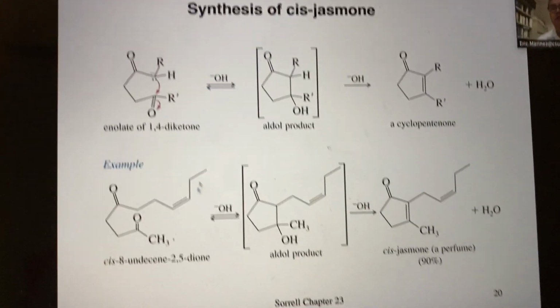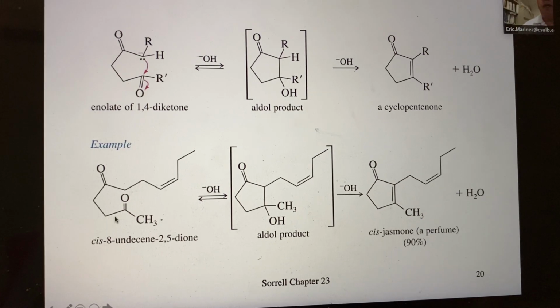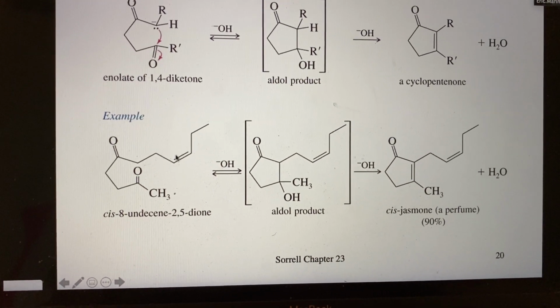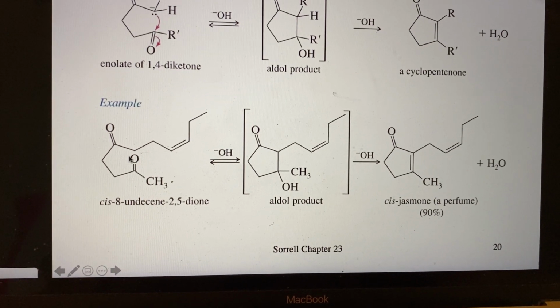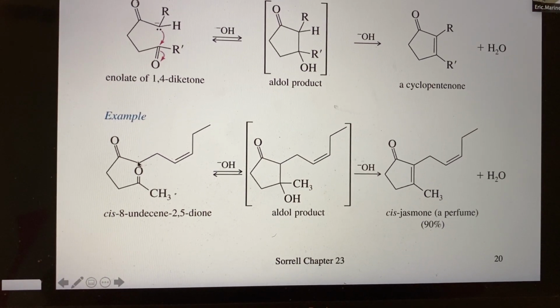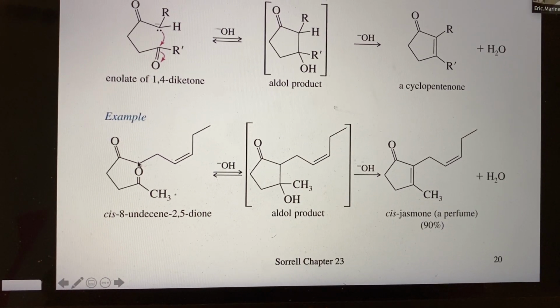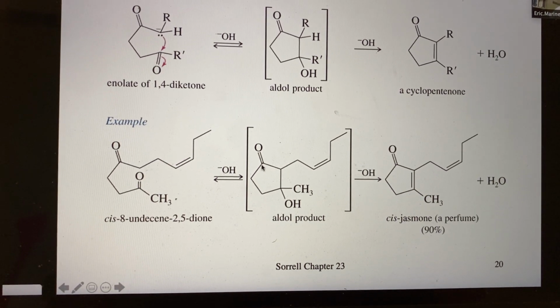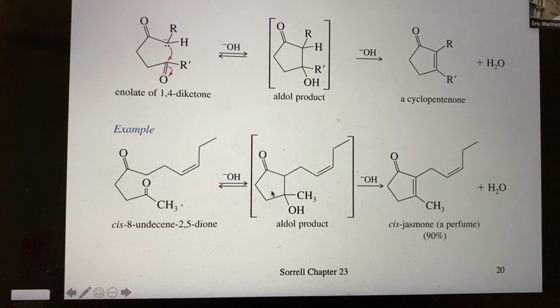Specifically for the synthesis of cis-jasmone, this is what I need. I need to have a cis-alkene over here, but really what I'm using is a diketone here. So what am I doing here? I'm going to abstract this proton at the alpha position, and that alpha position is basically going to attack this carbonyl to make this beta hydroxy ketone.